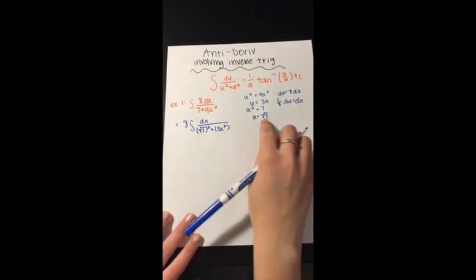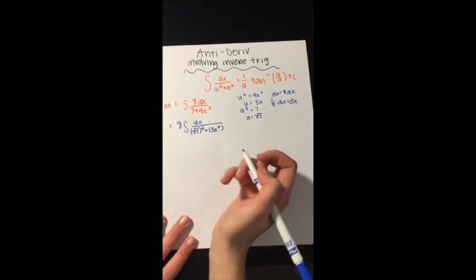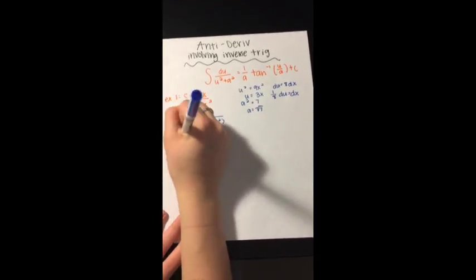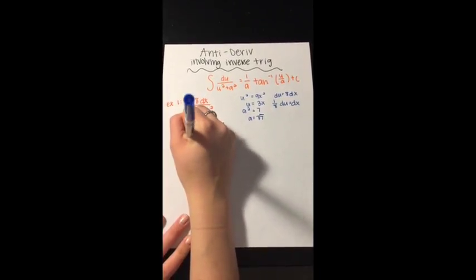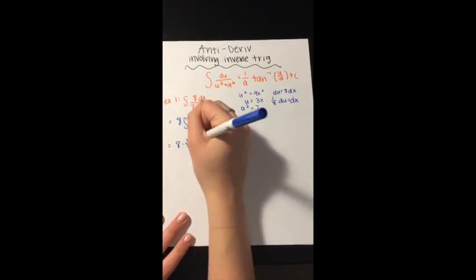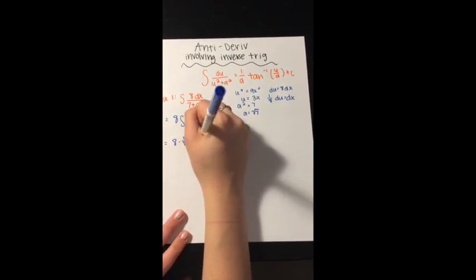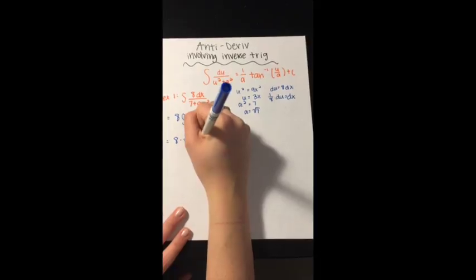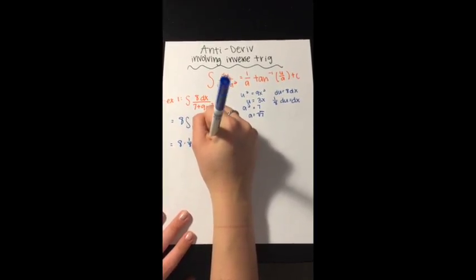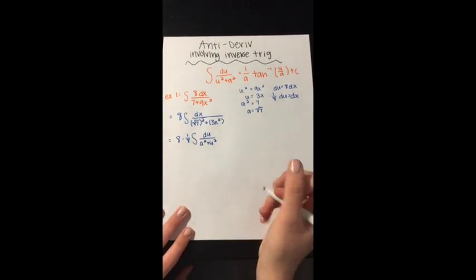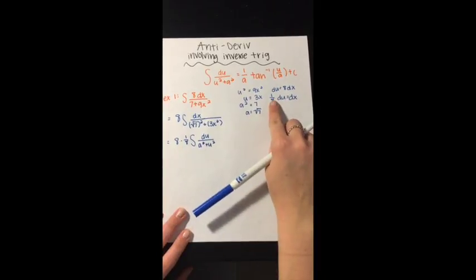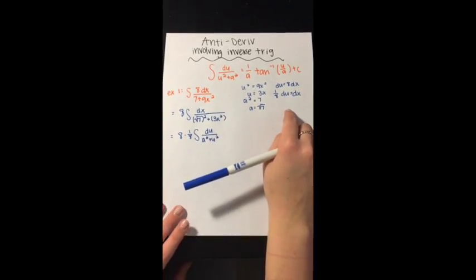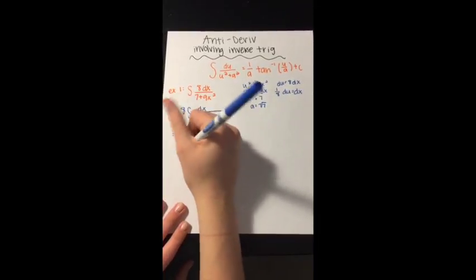Just like that, we're just plugging in our information. And then 8 times 1/8. Now we're just plugging in our du, our a squared, and our u squared. And I got the 1/8 from the 1/8 du over here. So now let's go ahead and solve it.